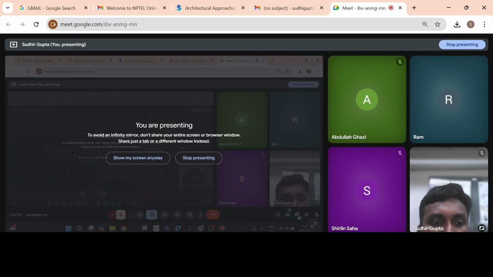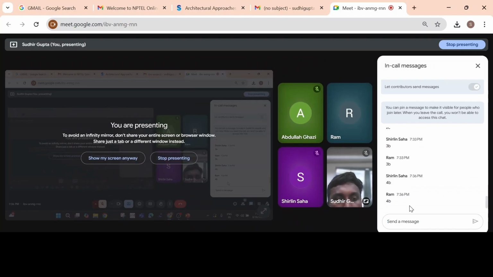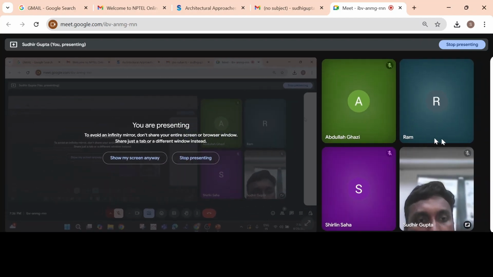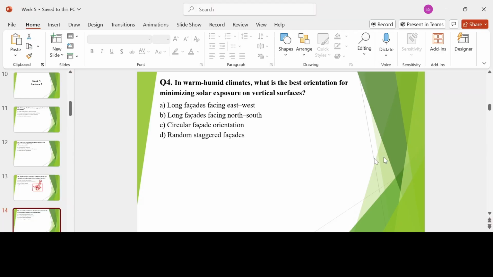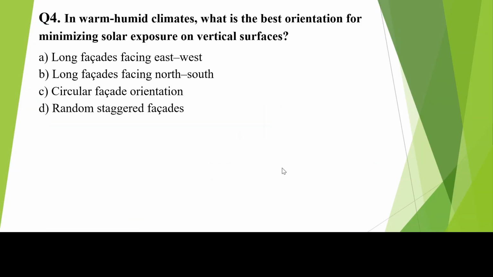As I can see, 4B has been marked as the correct answer by many of you.